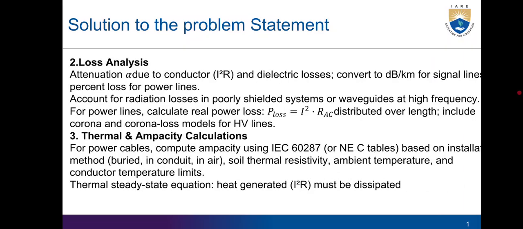Second, loss analysis: attenuation alpha due to conductor I squared R and dielectric losses. Convert to dB per km for signal lines, percent loss for power lines. Account for radiation losses in poorly shielded systems or waveguiding at high frequency.